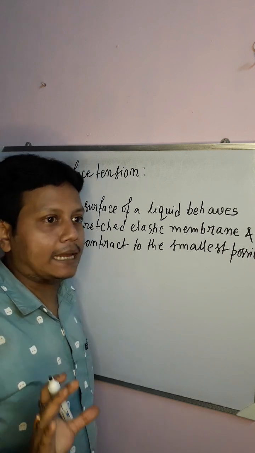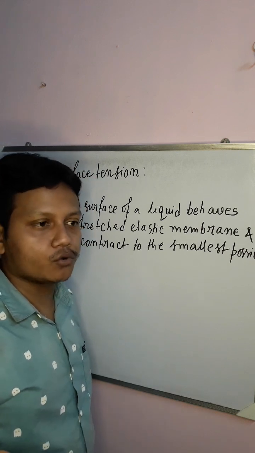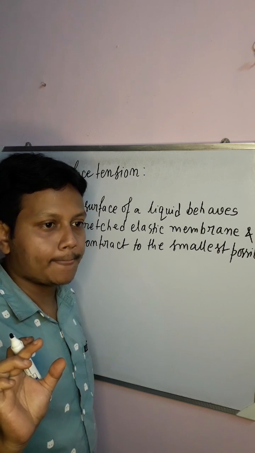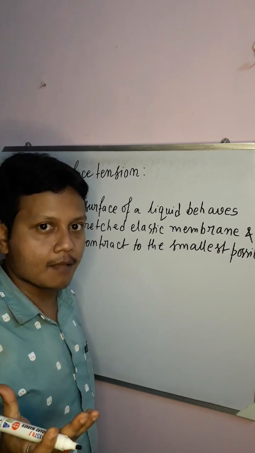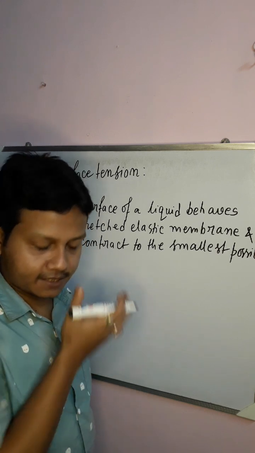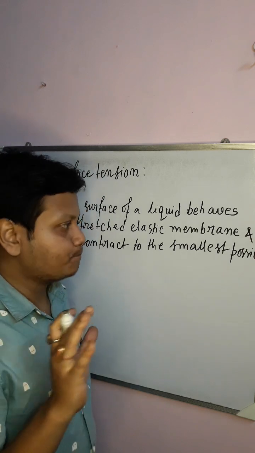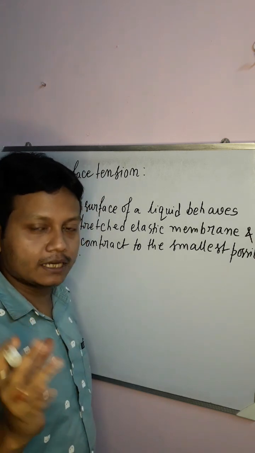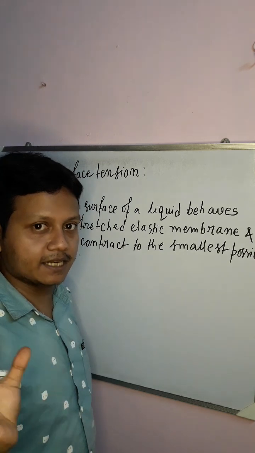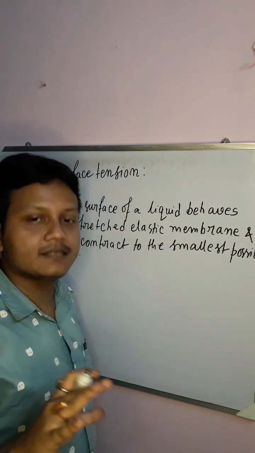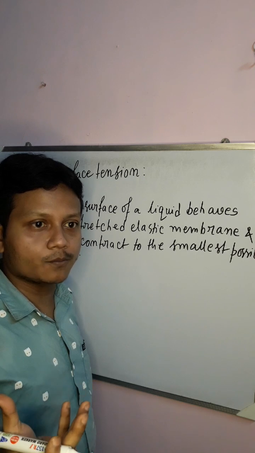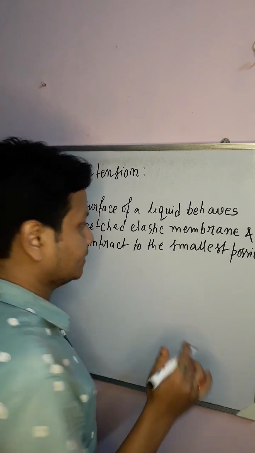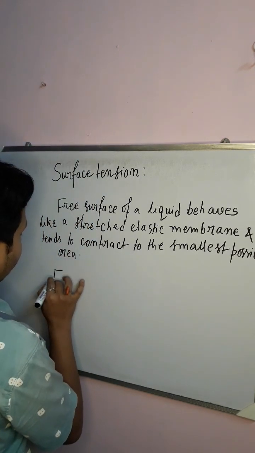Now another thing that you all know, that for a given volume a sphere has least area, among all objects, among all figures. And this is the reason that liquid drops attain spherical shape.